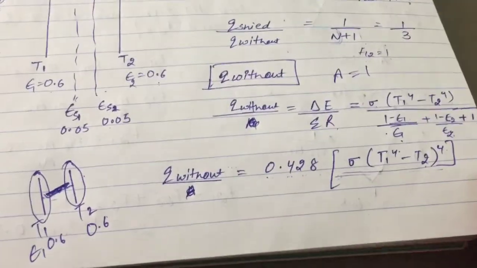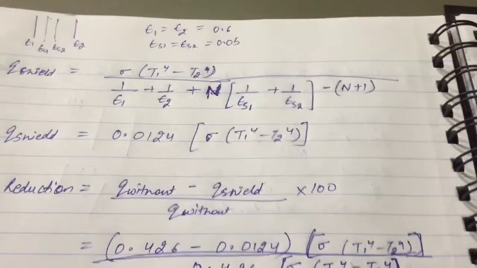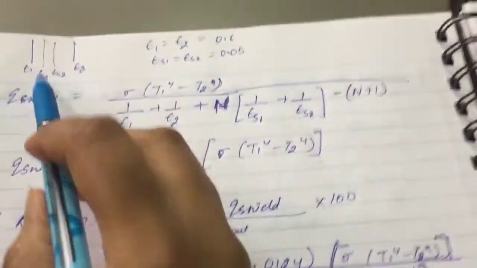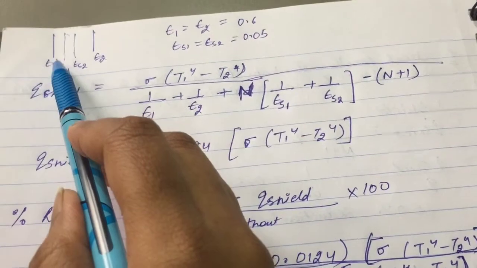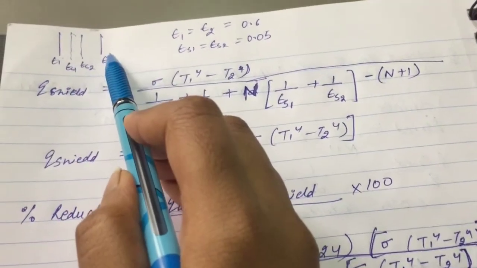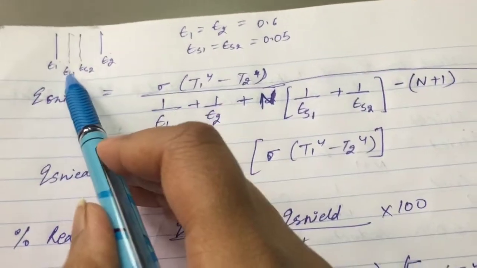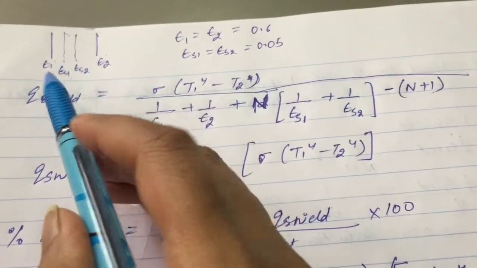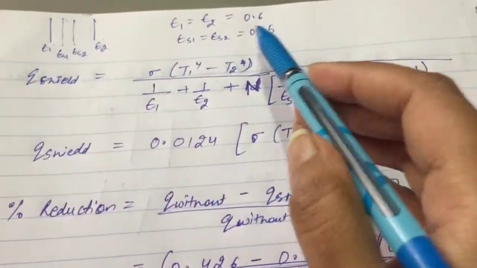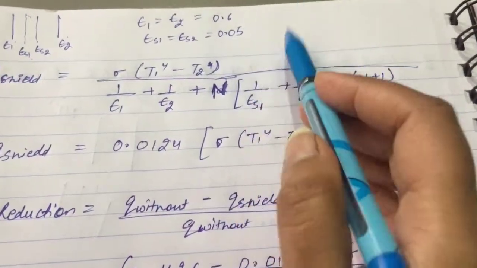So now we have calculated Q without shield. Now we are going to calculate Q with shield. In this case, epsilon 1 and epsilon 2 are 0.6, and the epsilon of the shields are also equal and given as 0.05.